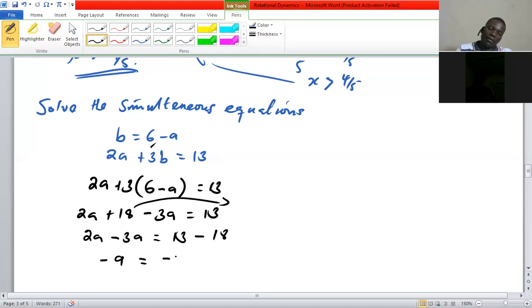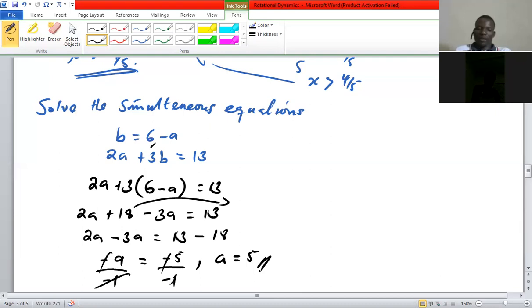So we divide throughout by negative 1, and then what we're going to have is A is equal to 5. Okay, so that's for A.